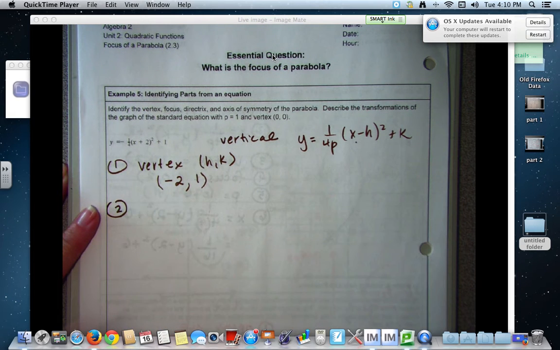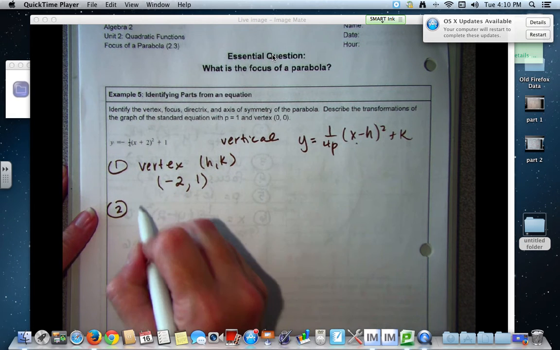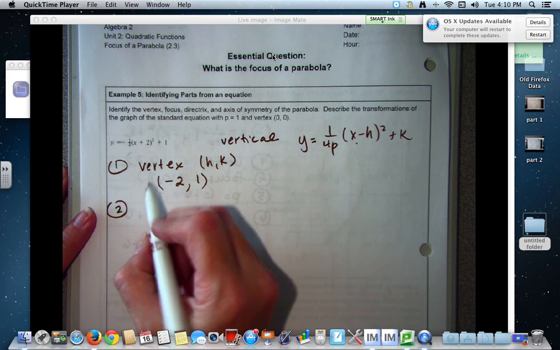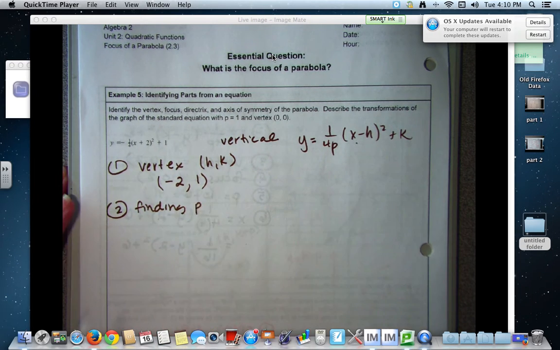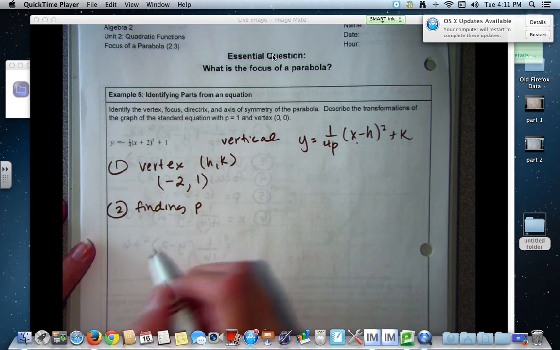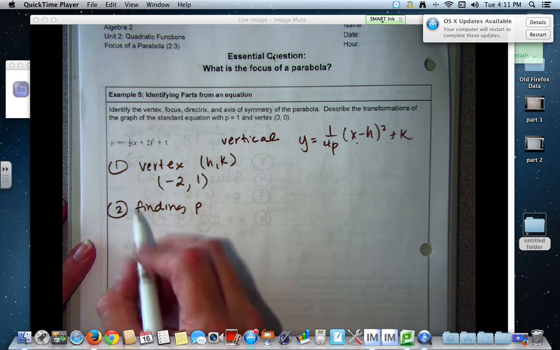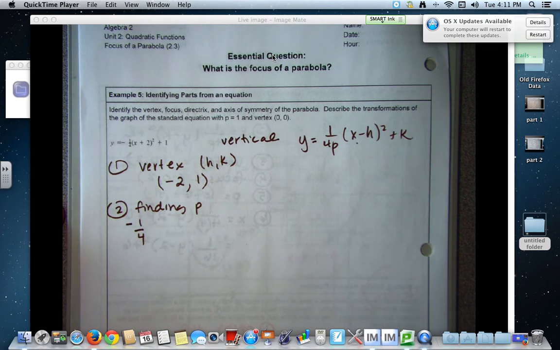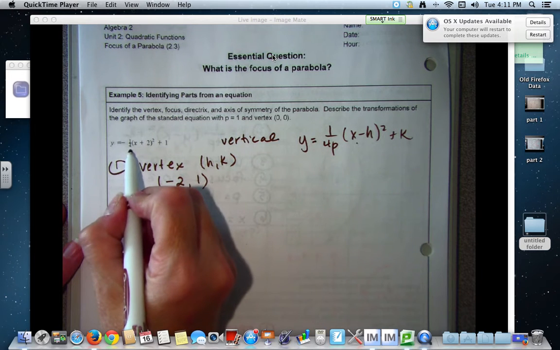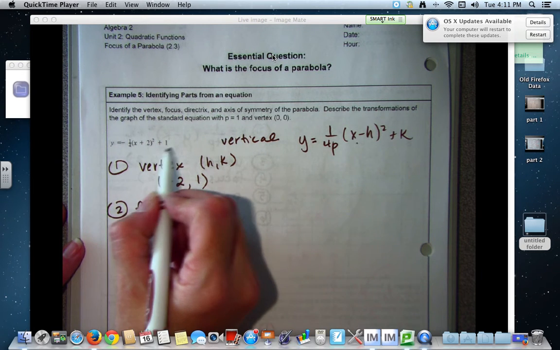All right, next thing, let's look at finding p. So we have negative 1/4 in front of the x plus 2 squared plus 1.